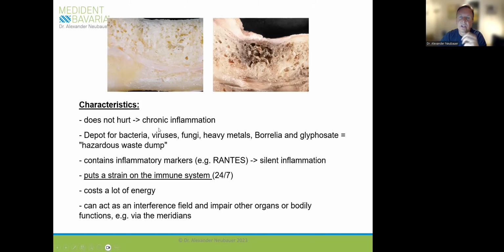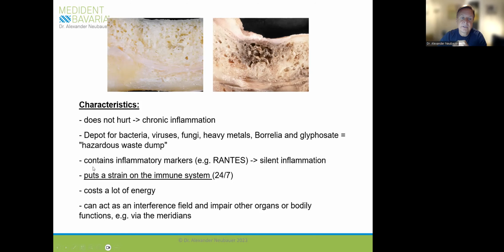It's a chronic inflammation, so you don't feel pain, but the infection and the inflammation is there in a chronic stadium. And inside these cavitations is a depot for bacteria, viruses, fungi, heavy metals, Borrelia, and glyphosate. You can also call it a hazardous waste dump.